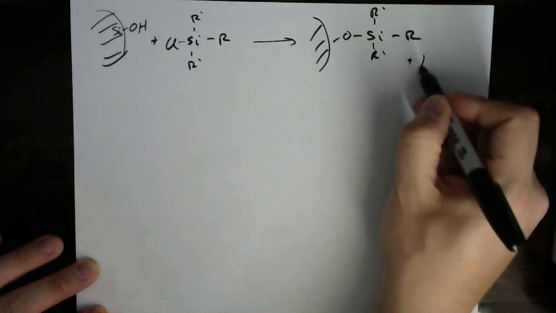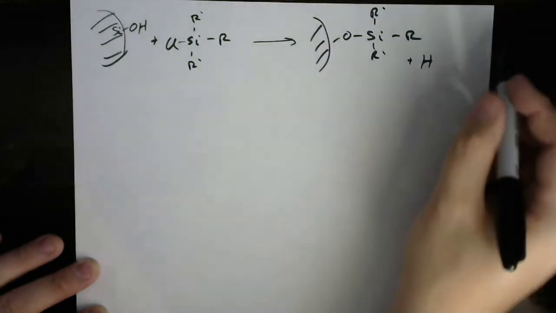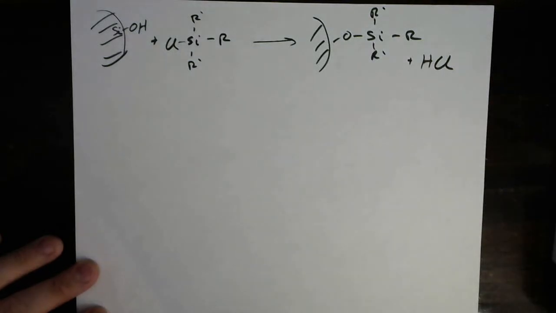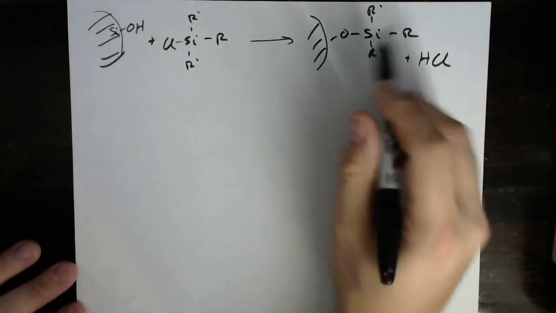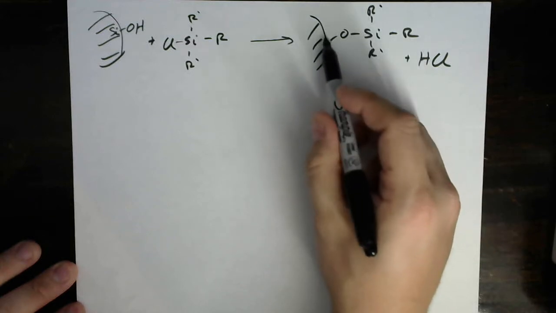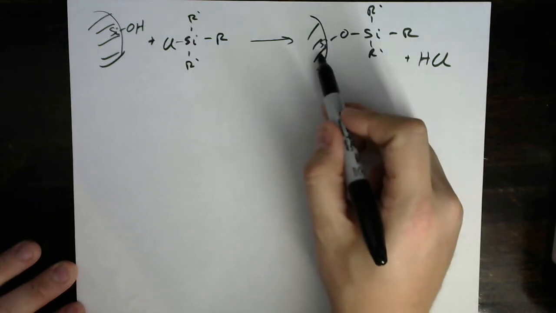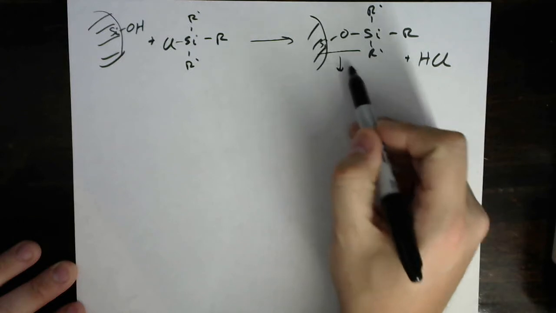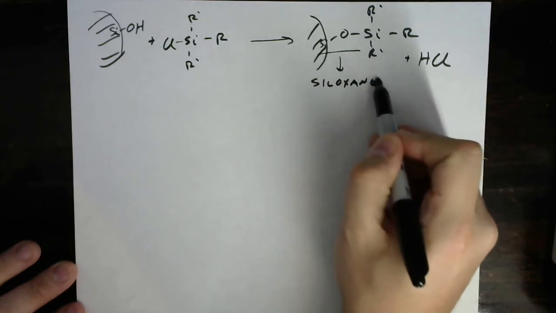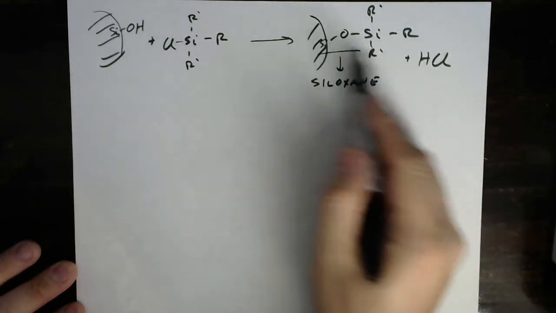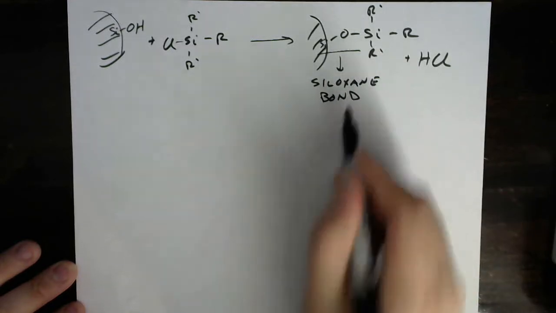And that H is going to leave, that chloride's going to leave, and we're going to get HCl as a byproduct. Okay, remember this is going to be Si over here. So SiO, we call that a siloxane bond. So a siloxane bond formed right there.